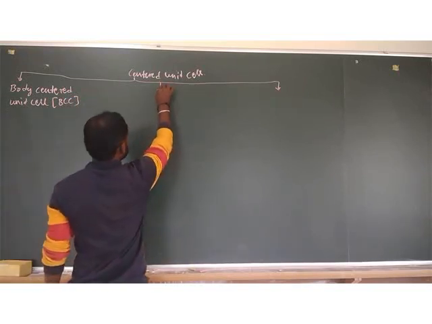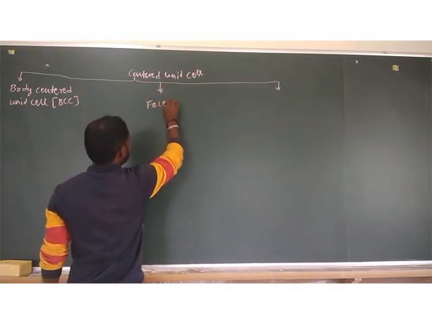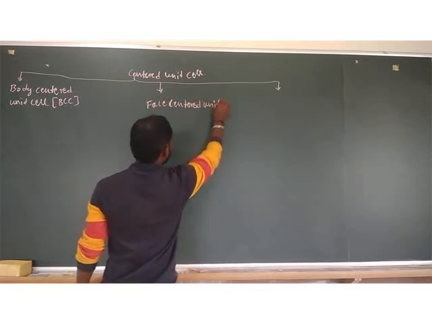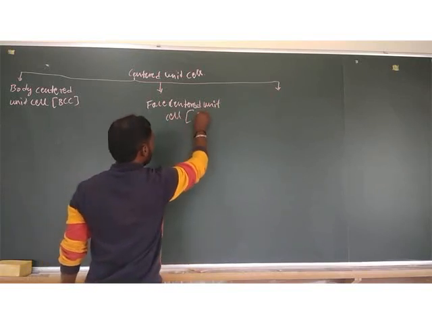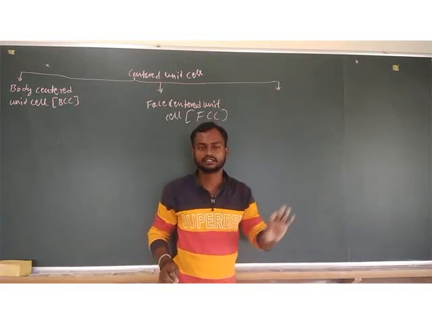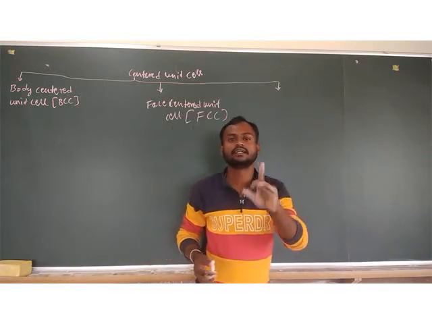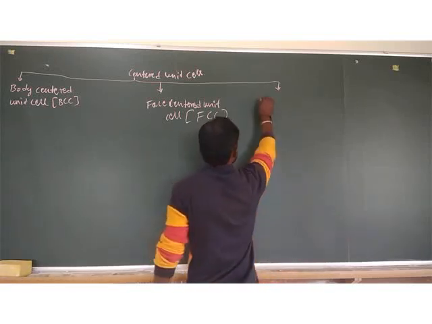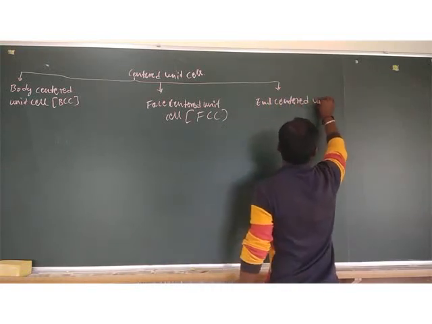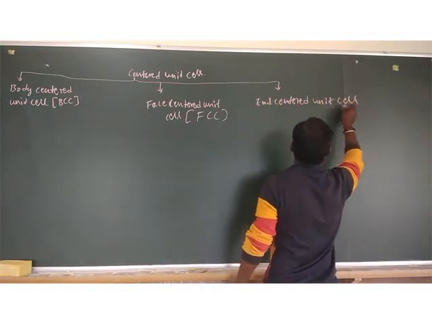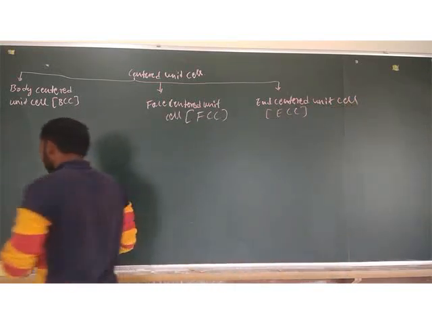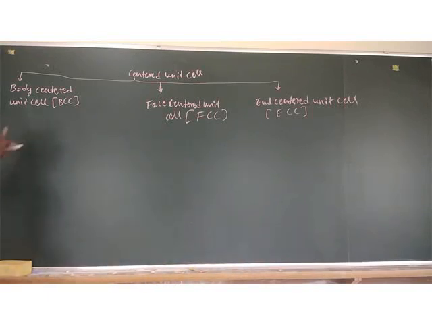The second one is the face-centered unit cell, simply called FCC. The third one is the end-centered unit cell or edge-centered unit cell, called ECC. Now we are discussing them one by one.